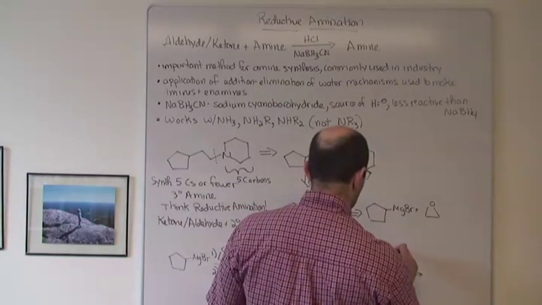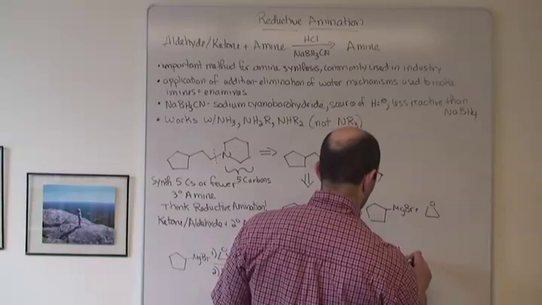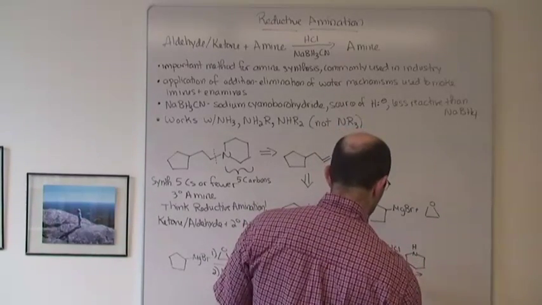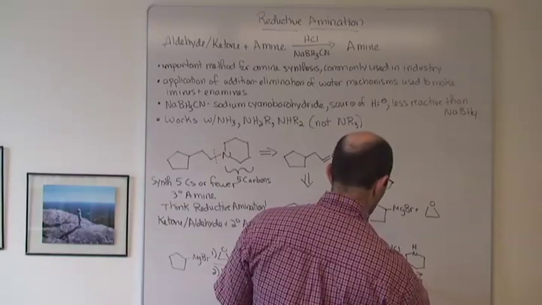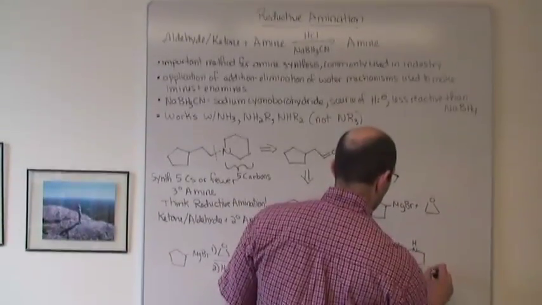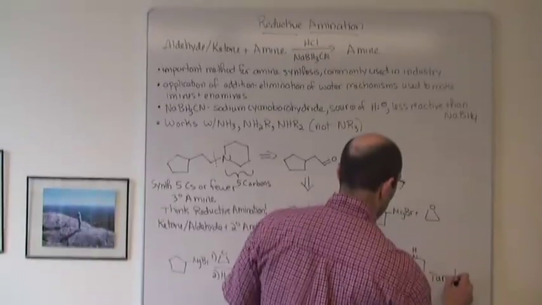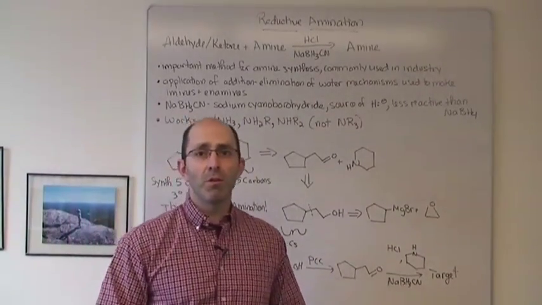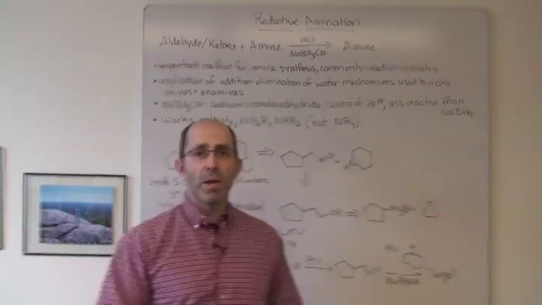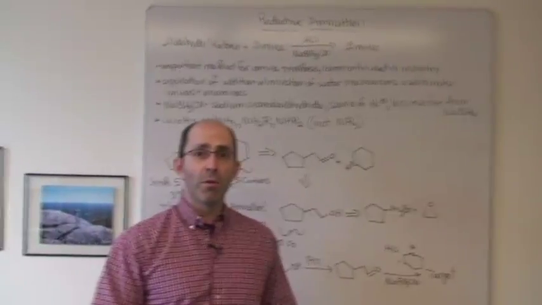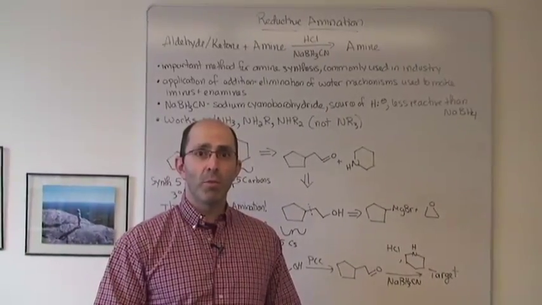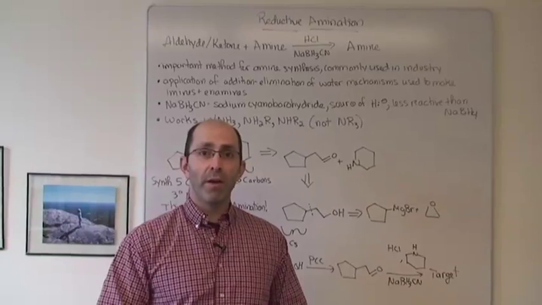So we're going to use HCl, secondary amine, sodium cyanoborohydride, and that's going to give us our target tertiary amine. So again, reductive amination is a very important, very useful reaction, an application of our addition-elimination of water reaction, using sodium cyanoborohydride to give us the final amine product.